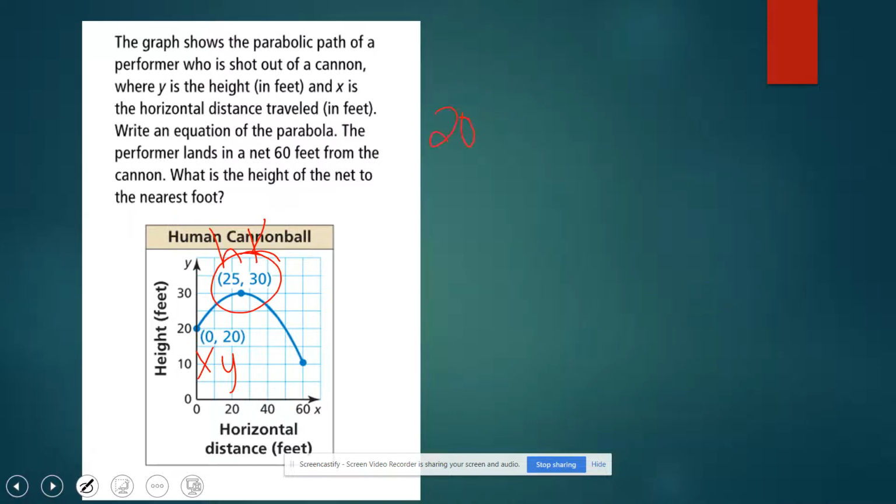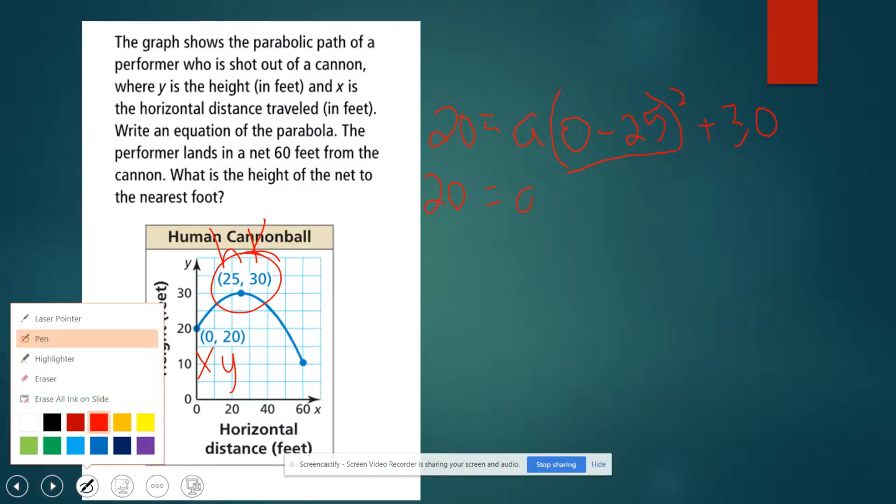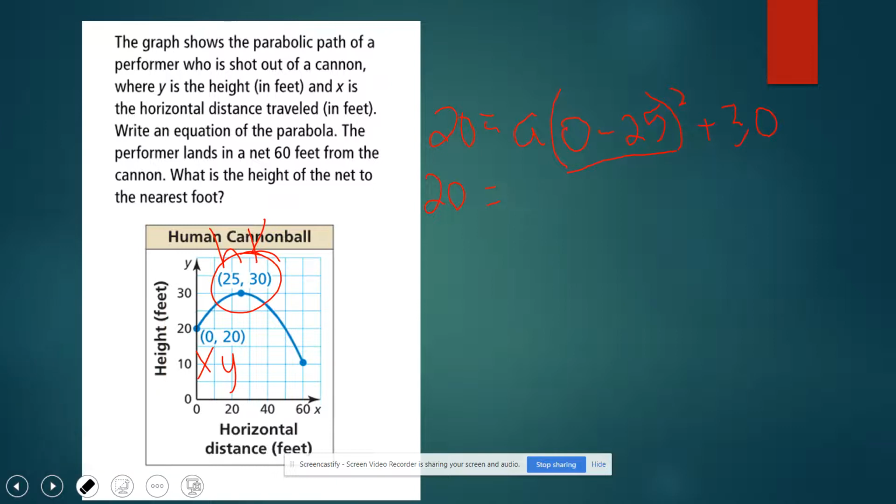So we have 20 is equal to A times (X is 0, H is 25), squared, plus K is 30. Follow your order of operations. We'll do 0 minus 25 first, which is negative 25. Negative 25 squared is 625A.